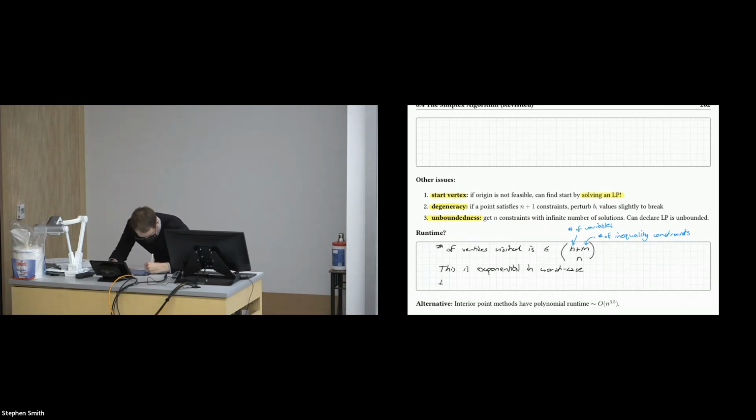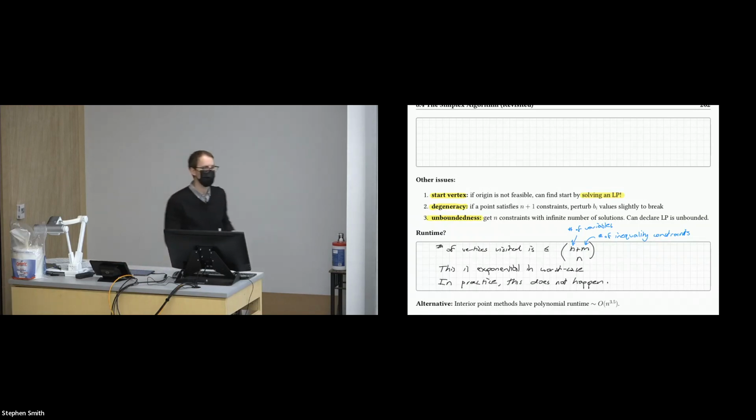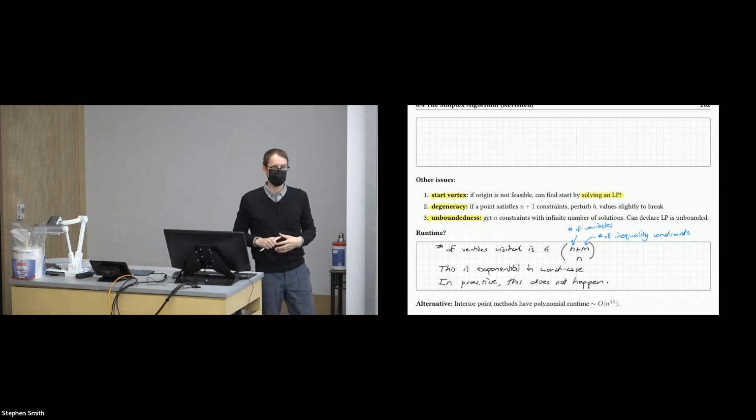But in practice, it runs fast. So this is an example where people still use it. In practice, you visit nowhere near all of the vertices in the feasible space.